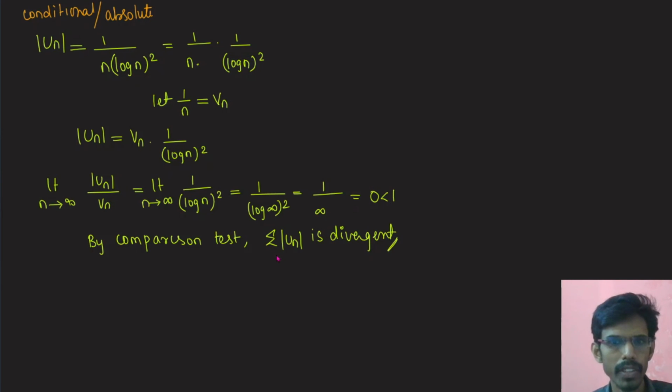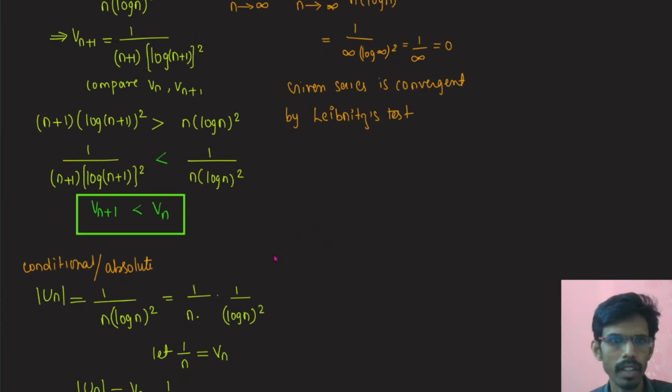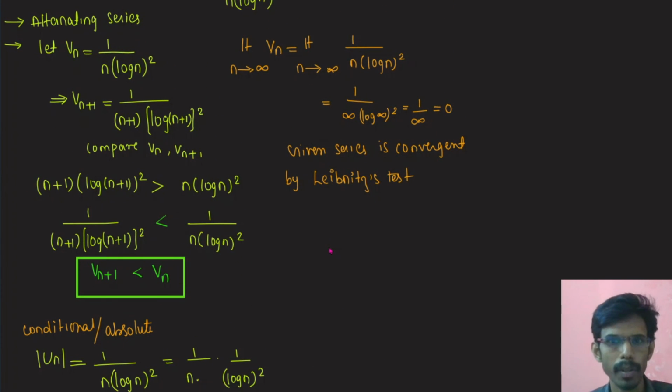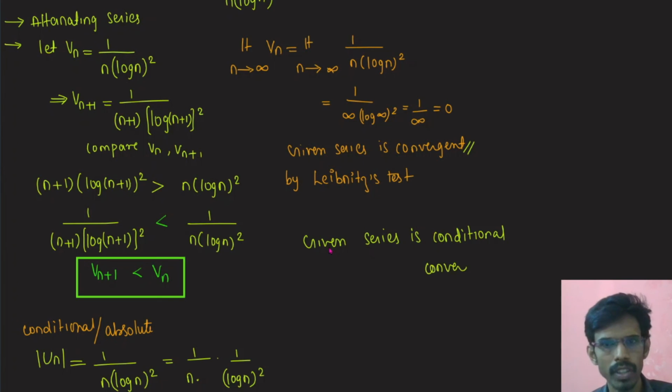So one time it is divergent, here it is convergent. So this is the case of conditional convergence. The given series is conditional convergence due to un being convergent and mod un being divergent. So that is the conditional convergence case.